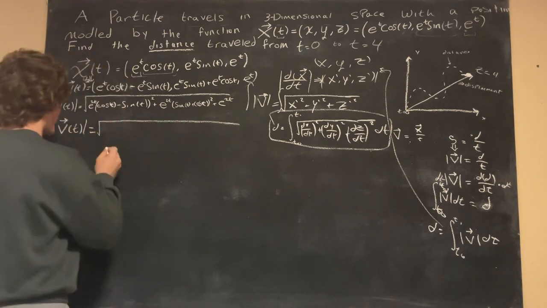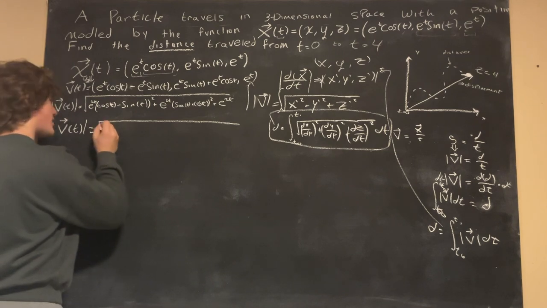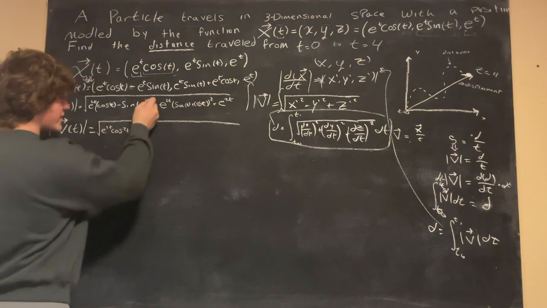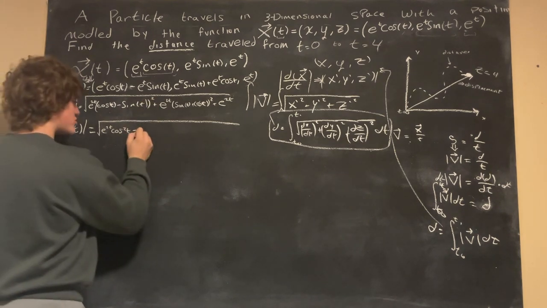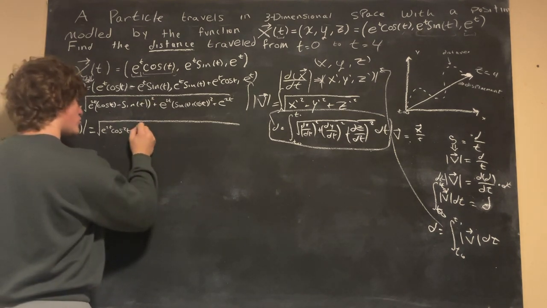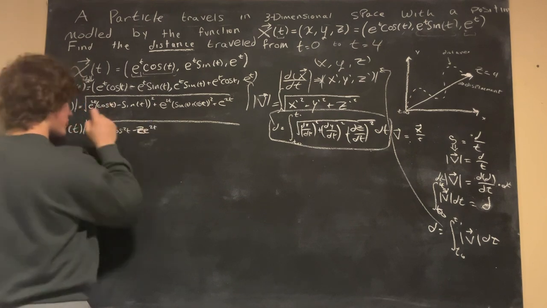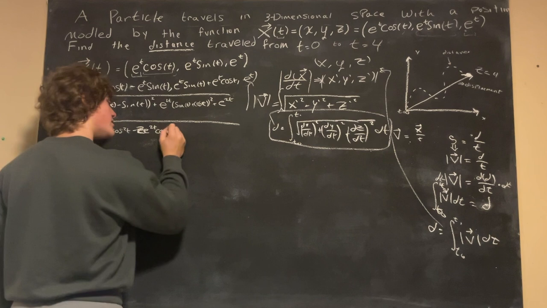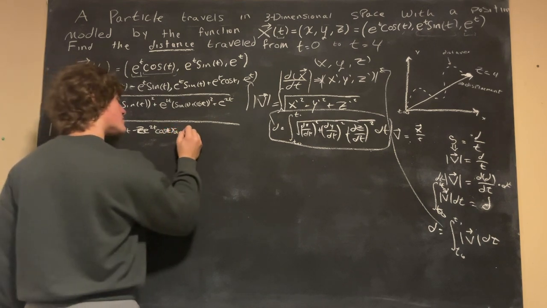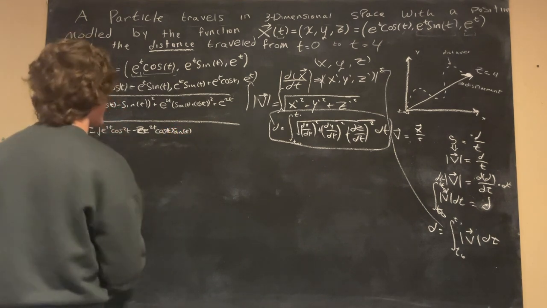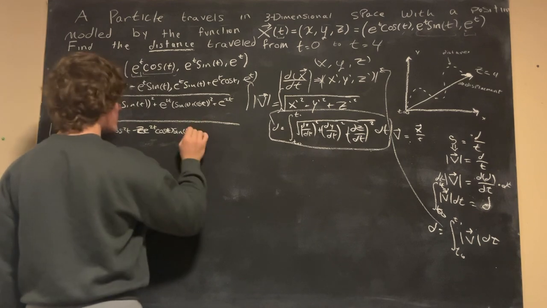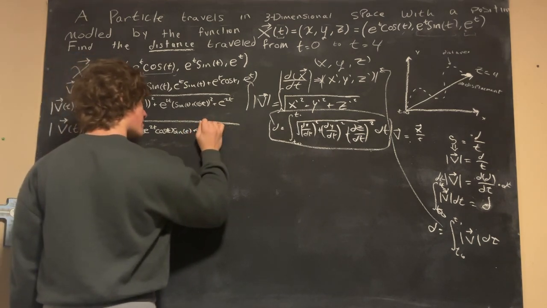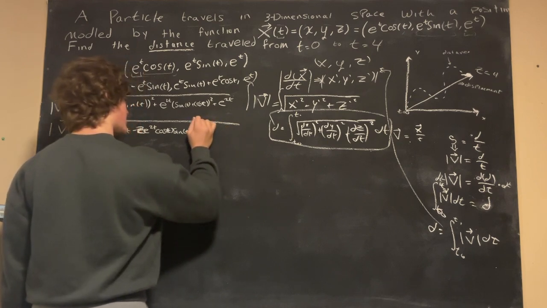This is going to be a long one. We have e to the 2t times cosine squared t, since we are foiling this out, minus 2e to the 2t cosine t sine t, then plus sine squared t times e to the 2t.